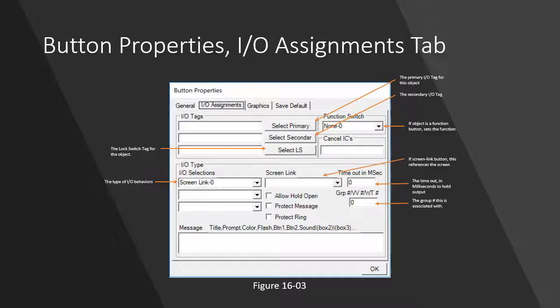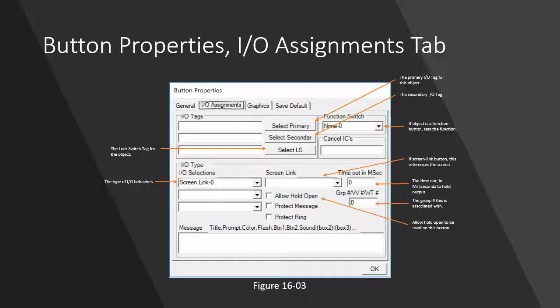The group number would be where you would set, if you had a set of doors that you wanted to all associate together for one group, and then you have a group release button associated with that group, then you could designate a unique group number, 1 through however many, so that all those buttons were associated together in one group.